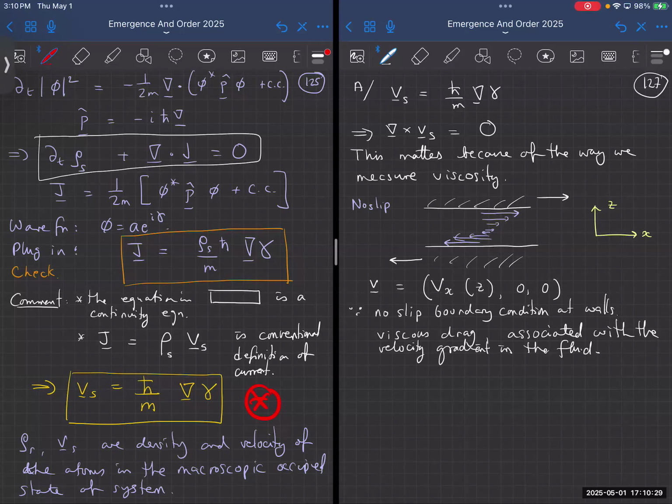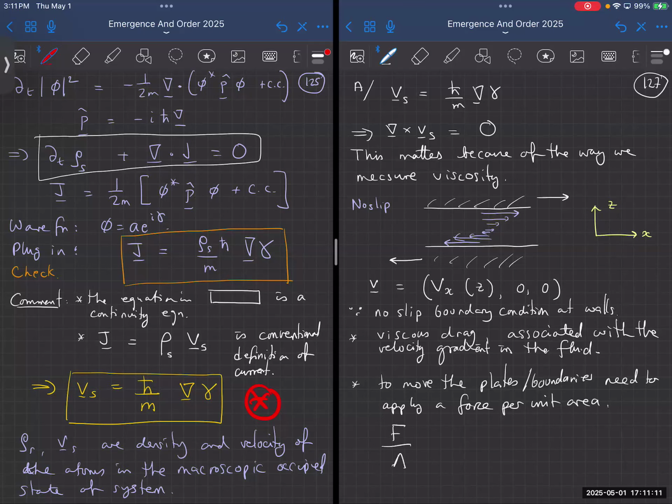If the fluid is moving differentially in space, then I have to apply a force to overcome the viscosity to make it do that. So basically, to move the plates, the boundaries in the way that I've described, we need to apply a force per unit area.